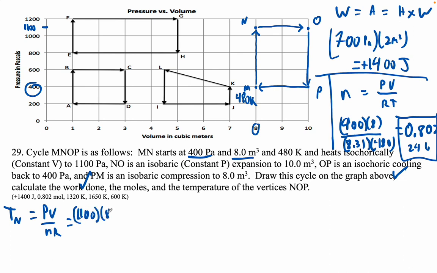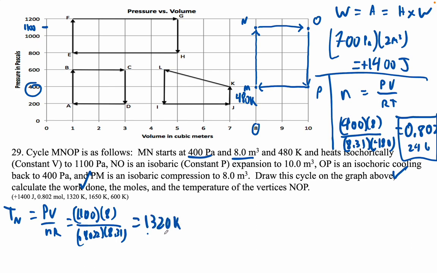The volume's still 8. n is 0.8022. And R is still 8.31. Okay? So 1100 times 8 divided by n, which I just got, right? Divided by 8.31. Now, when I do that, I get this strangely even number, 1320 kelvins.